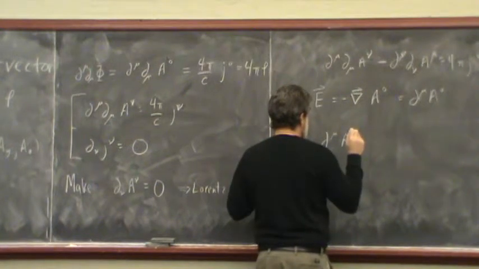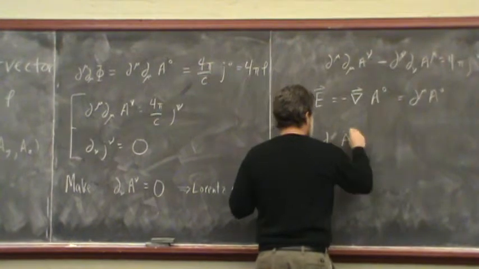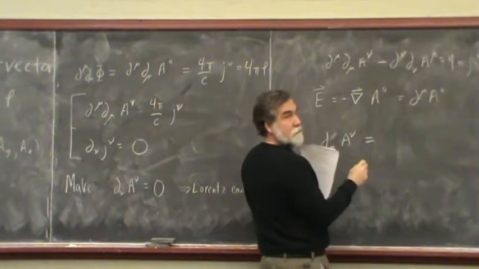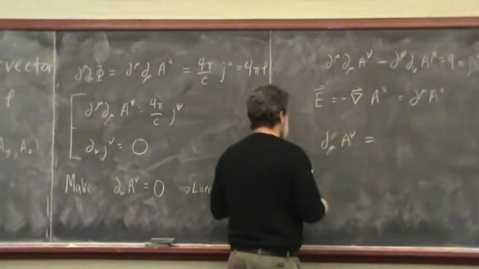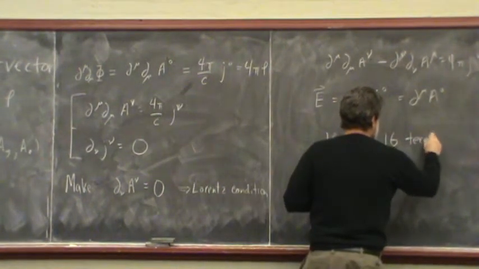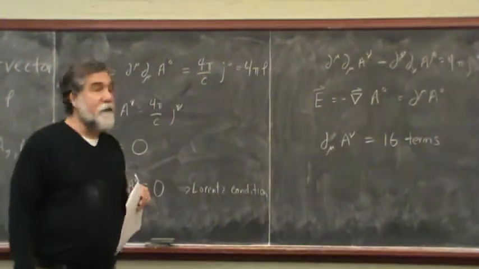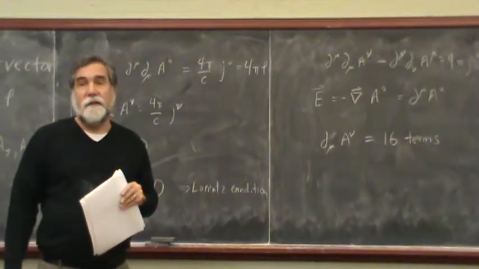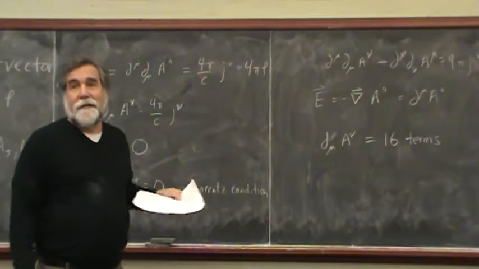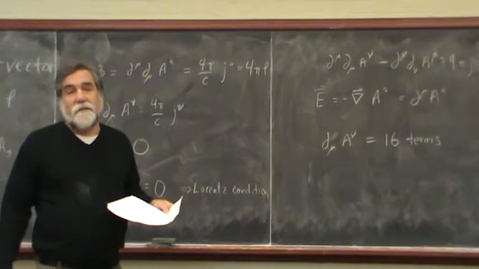I have to decide where to put the mu. I think I want it here, but someone is going to correct me. That 4x4 matrix is going to be called the field tensor.